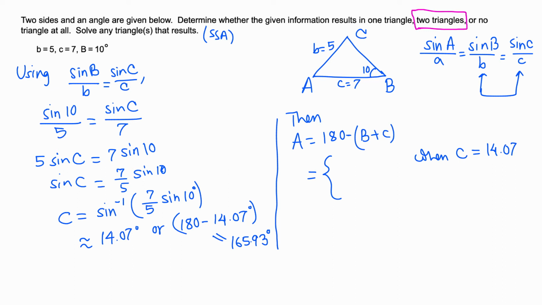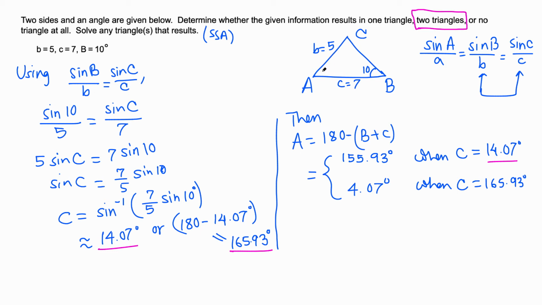When C is 14.07, then 10 plus 14.07 subtracted from 180 is 155.93. And when C is 165.93, the second case, A comes out to be 4.07 degrees. So angle A is found.